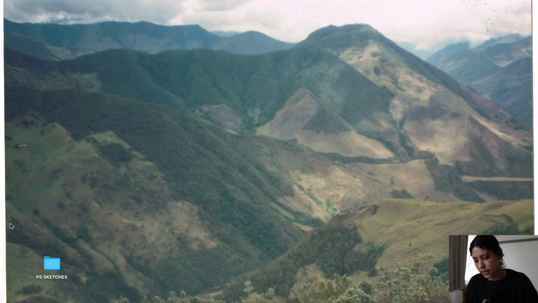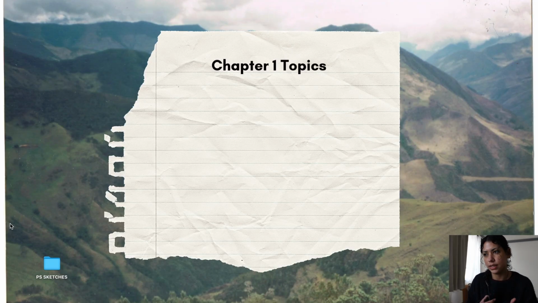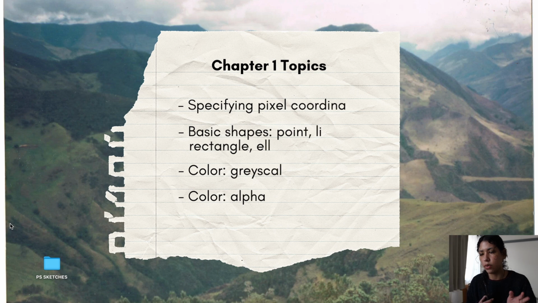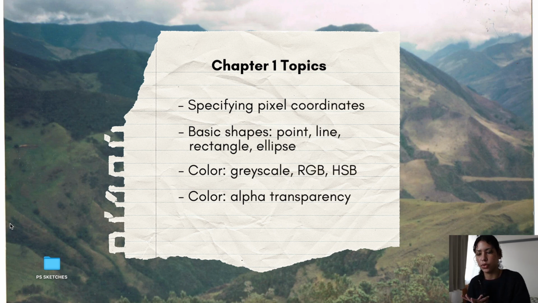Chapter 1. In this chapter, we're not even really touching processing yet or coding at all. He's just going over the pixel coordinate system, how we're going to start drawing onto the sketch. We're also going through basic shapes and basic primitive functions in processing.